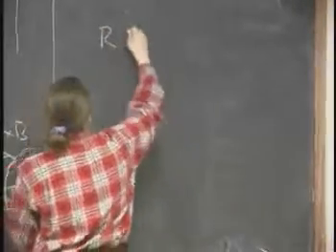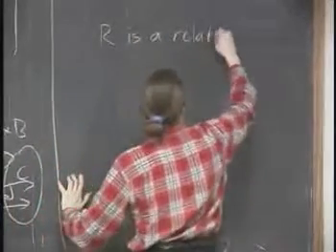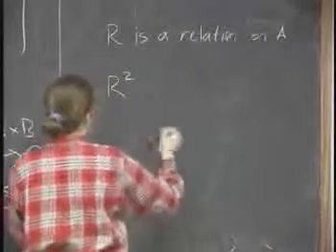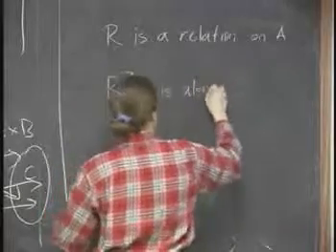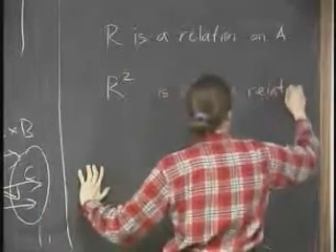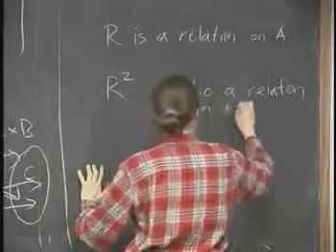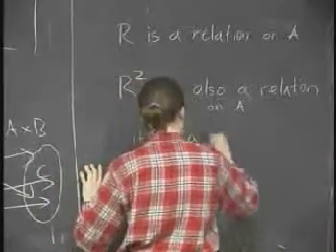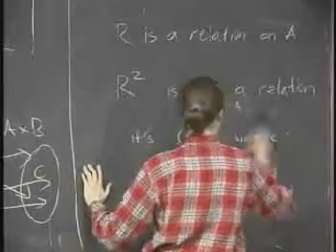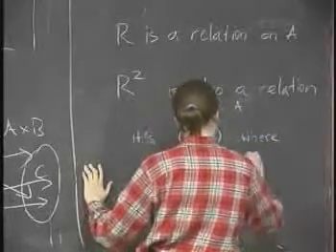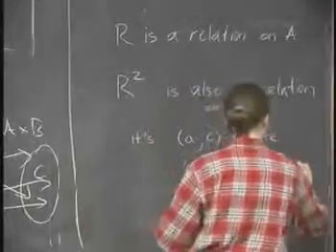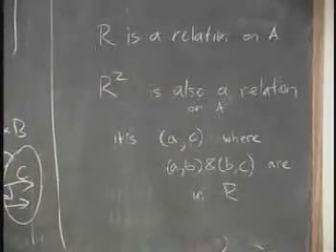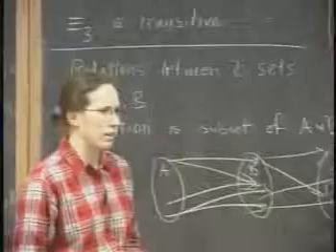So if R is a relation on A, then R squared is also a relation on A. It's the things A comma C, where A comma B and B comma C are in R. So what's the square of the parent relationship?